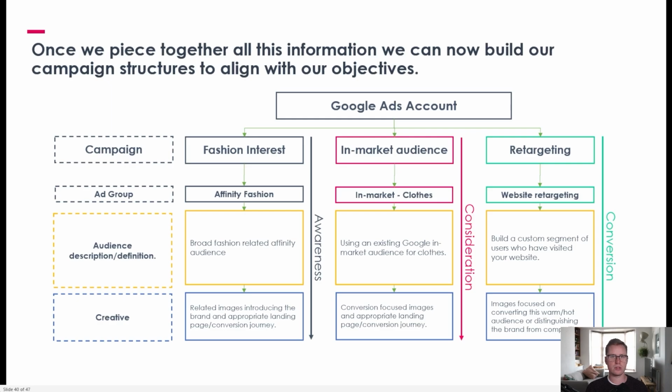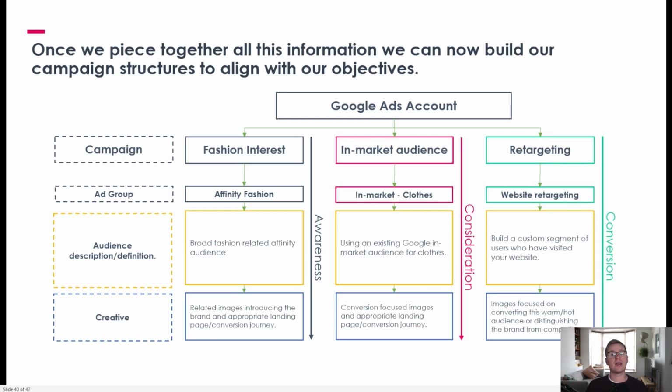You can also use an in-market audience if you want to, but I'd recommend if it's all about reach, those broader affinity audiences are going to drive that bigger reach, meaning you're likely to get cheaper CPMs. You're going to get that reach for cheaper. And again, you want to have appropriate creative with that as well. So if it's awareness, you want something that introduces your brand and is maybe less pushy on the conversion side, more of a softer approach, let's say.